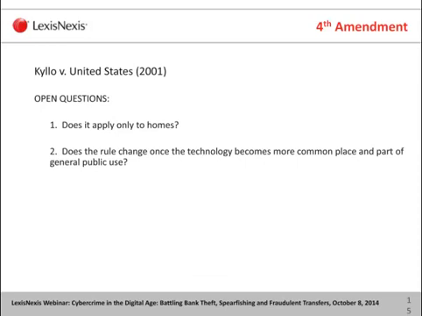Now we fast forward to today. What does Kyllo have to do with law enforcement practices today? One question that arises is how this will work with respect to, say, the cloud. What restrictions are going to be placed on law enforcement with respect to doing searches online?